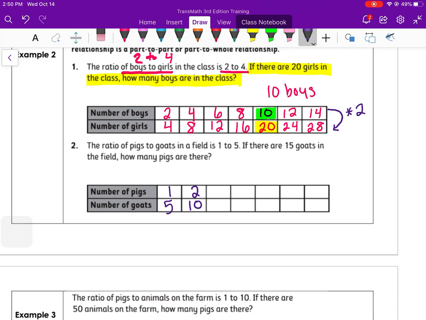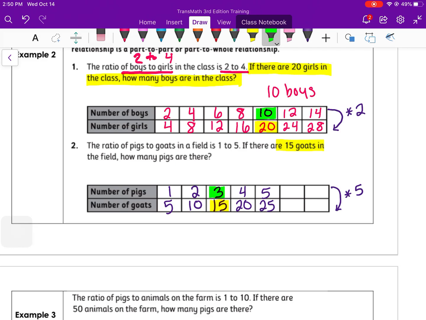If there are 3 pigs, 3 times 5 is 15 goats. 4 pigs, 4 times 5 is 20 goats. 5 pigs, 5 times 5 is 25 goats. So however many pigs there are, there are 5 times as many goats. So if there are 15 goats, that'd be right here.